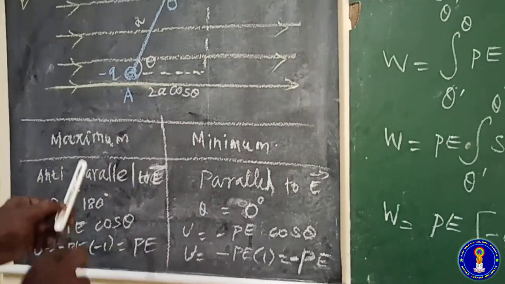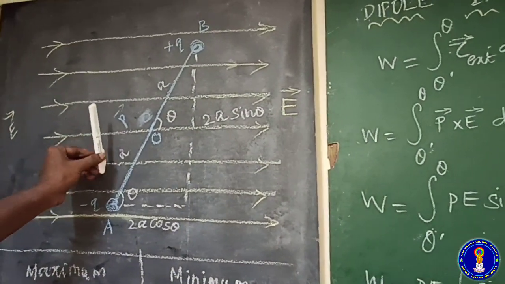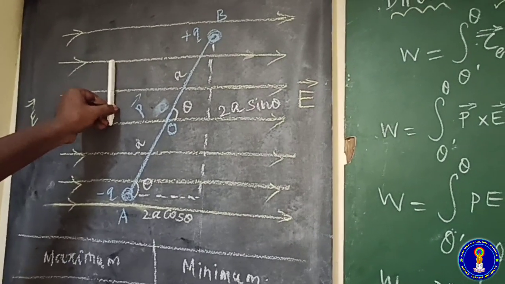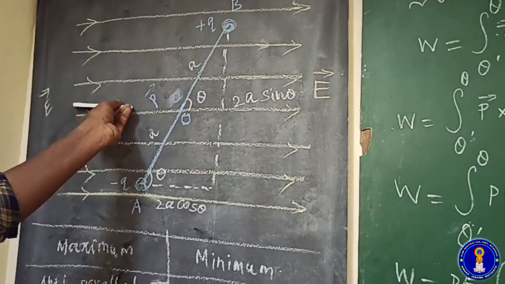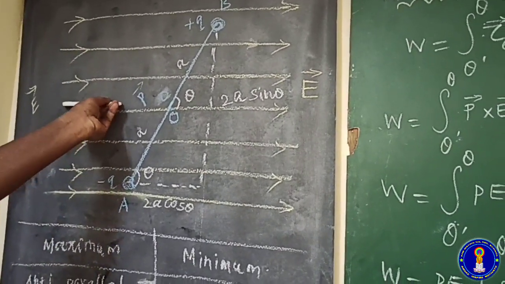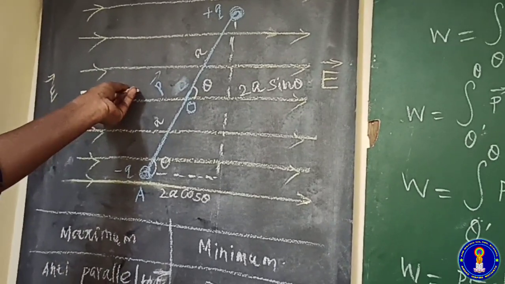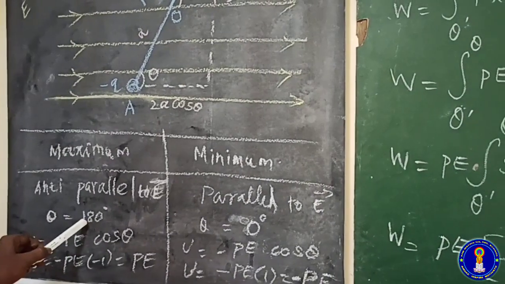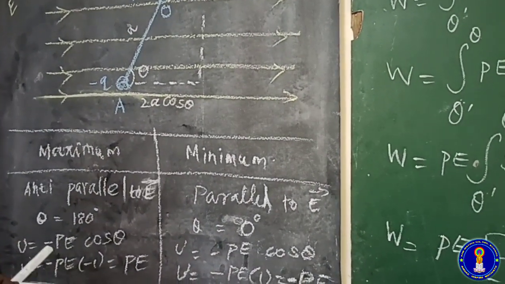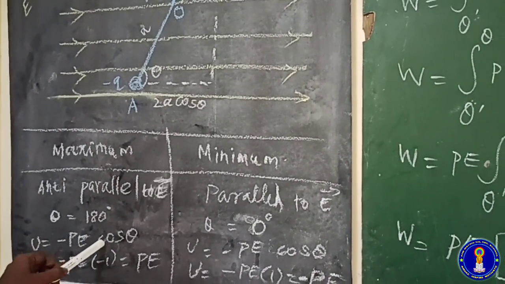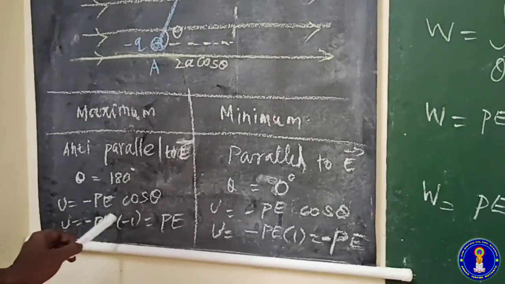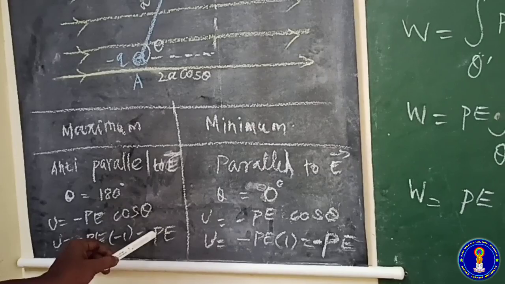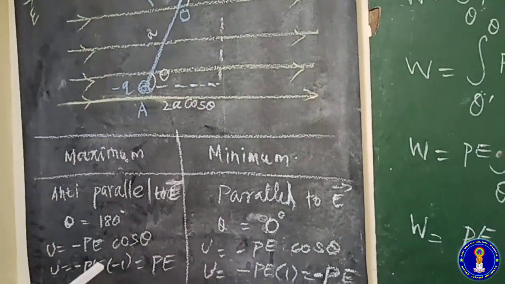Initially it is placed perpendicular. Suppose this is opposite to the electric field. This is anti-parallel, so at this time theta is equal to 180 degrees. You know cos 180 is minus 1. So substitute in the equation: minus p cos 180 degrees. So minus 1 into minus gives plus, so U is equal to pE. That is a positive value. Then only we say it is the maximum.